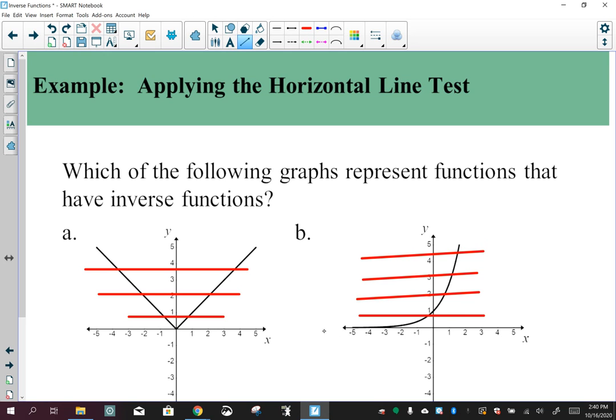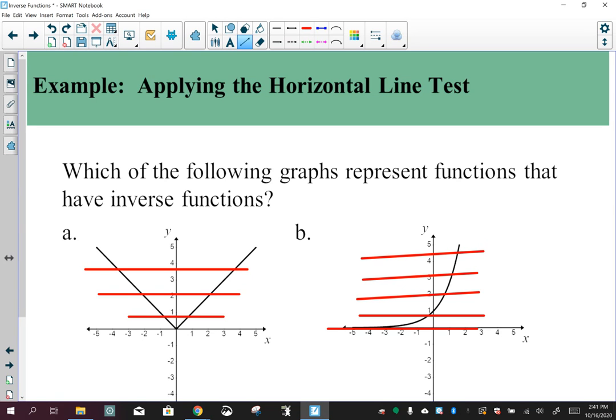Now, you're going to argue with me about this one right here. Well, don't they touch all the way down? The answer is no, because as x gets smaller and smaller, your y is getting smaller and smaller, and it's running to an asymptote at the x-axis. So even though the graph looks like it's touching the x-axis, it actually isn't ever touching it.